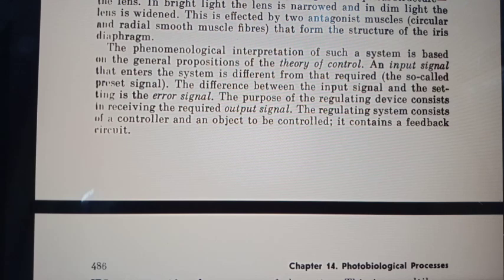The difference between the input signal and the setting is the error signal. The purpose of the regulating device consists in receiving the required output signal. The regulating system consists of a controller and an object to be controlled. It contains a feedback circuit.